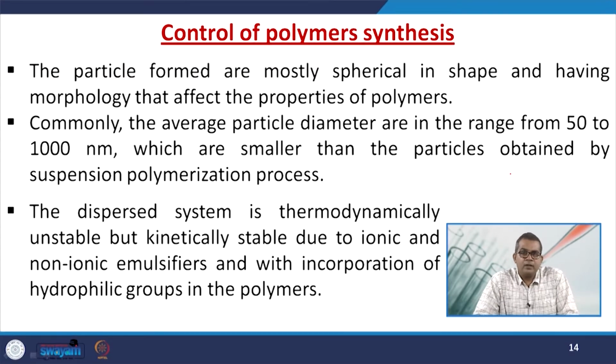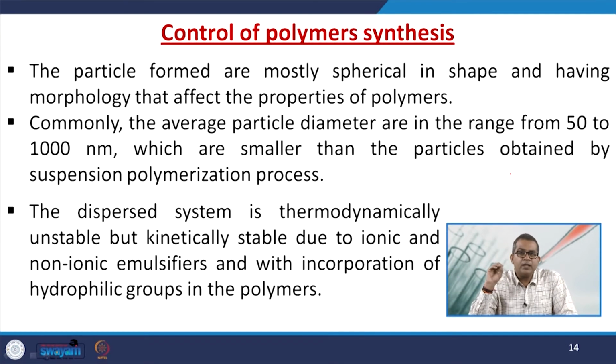Now the particles formed are mostly spherical in shape and have a morphology that affects the properties of the polymer. As I told you, the spherical size sometimes carries a significant property approach with respect to the end use of the polymer.